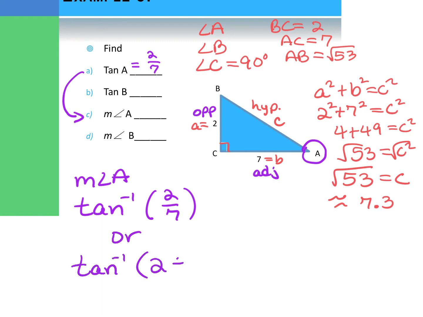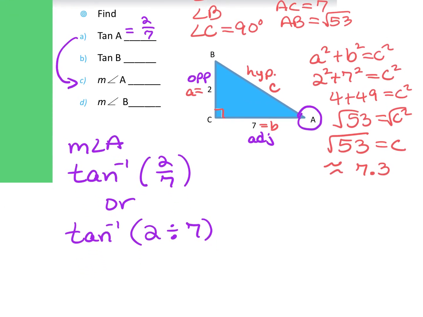So we're doing 2 divided by 7. You need to enter the 2 divided by 7 in parentheses. Once you hit enter or the equal sign, you're going to round to the tenths place, and this is 15.9 degrees for the measure of angle A. So I used the tangent ratio.